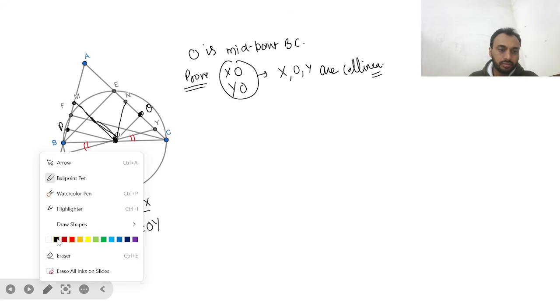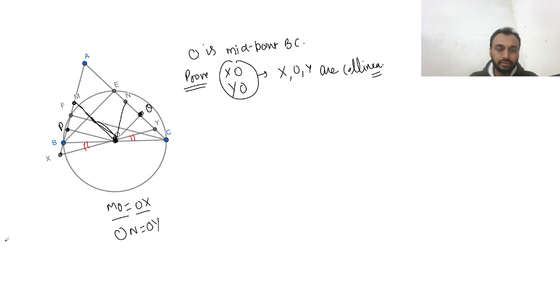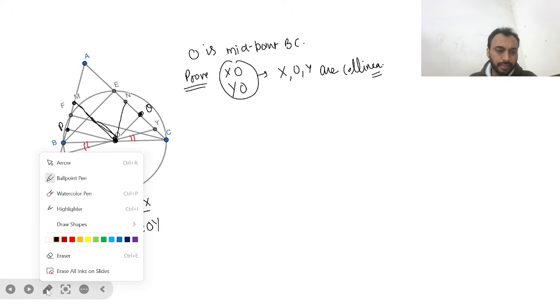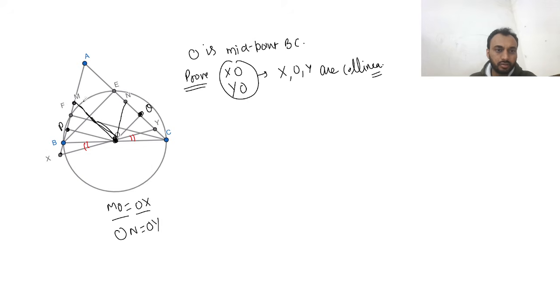Now to find out these angles, again we use a perpendicular bisector thing here. So as we already see that OM is equal to OX, right? And OP is a perpendicular bisector of BF also. So can we say that OF is equal to OB also, or even this angle is equal to this, right?